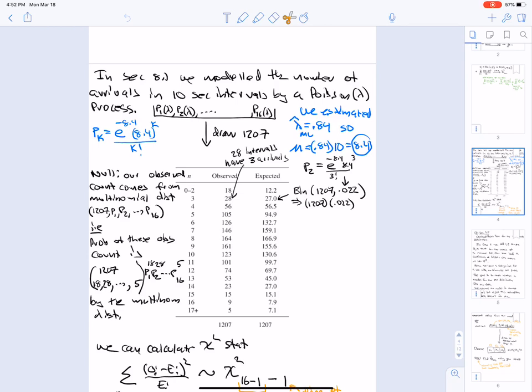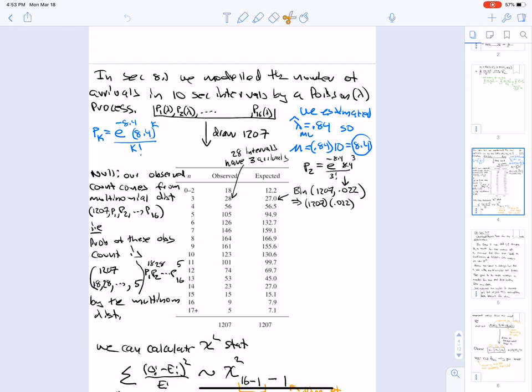So now we know the probability for each of these counts, and we can find our expected counts then, because these expected counts, for example, are binomial. N is 1207, and then pi, whichever row you're in. So for example, for the second row here, the distribution of x2, I guess, is binomial 1207, 0.022.